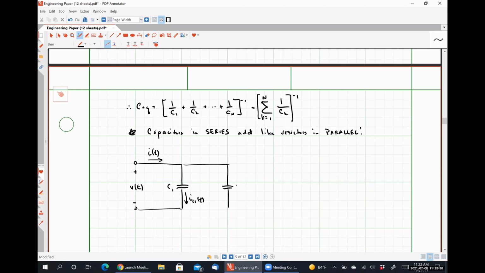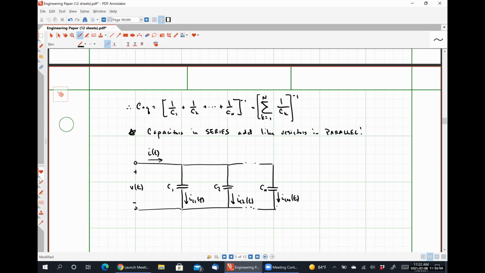This will be C2 with some current iC2. This capacitor will be C sub n with an associated current iCn of t. Like so.